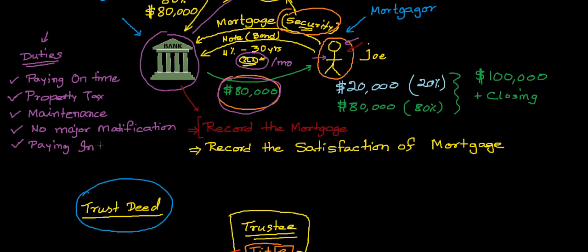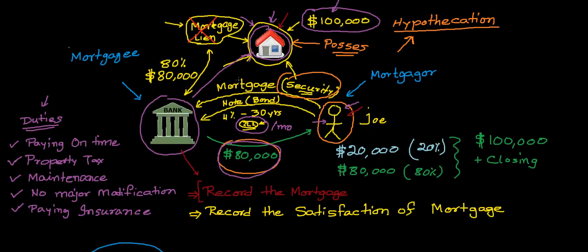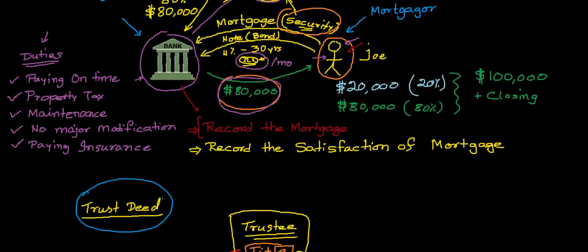It's important that the property has proper insurance, because the bank is holding the property as security, and the lender wants to make sure the borrower is paying insurance so that if something happens to the property, the insurance is going to pay and make sure that the value of the property is not decreased. So I thought it's important to mention that.